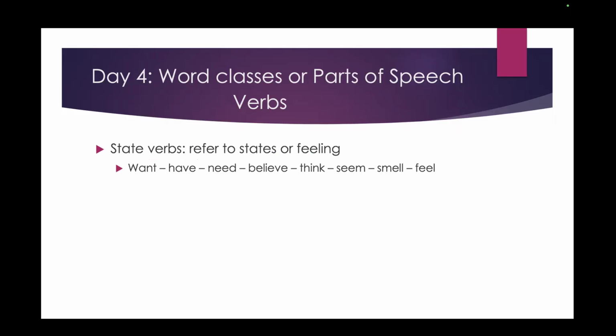But verbs are also used to describe states, or feelings. So these are some examples of verbs with that function. For example: want, have, need, believe, smell, feel. So verbs are not only used to describe an action, but also to describe a state.